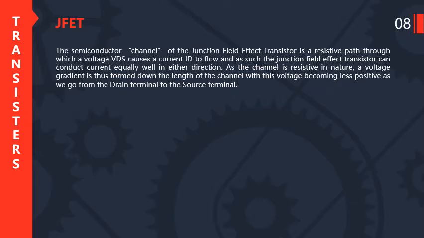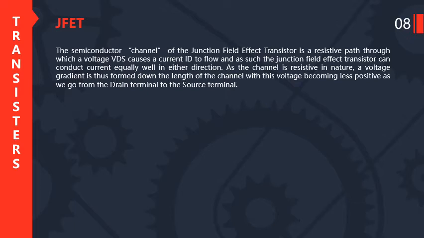The semiconductor channel of the junction field effect transistor is a resistive path through which a voltage VDS, meaning the voltage between the drain and source, causes a current ID, called the drain current, to flow.